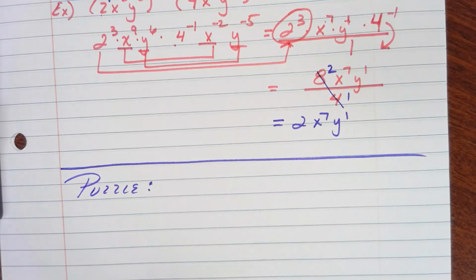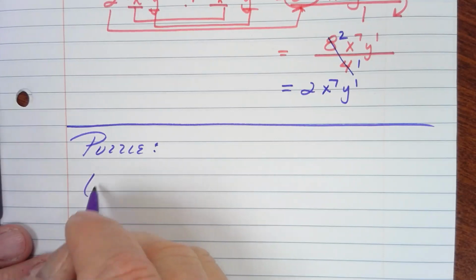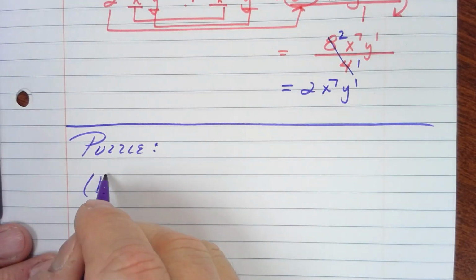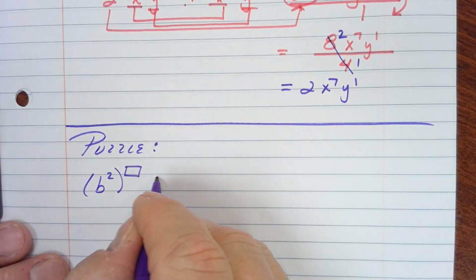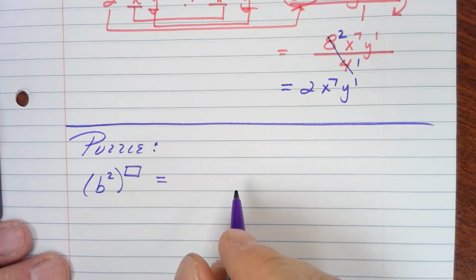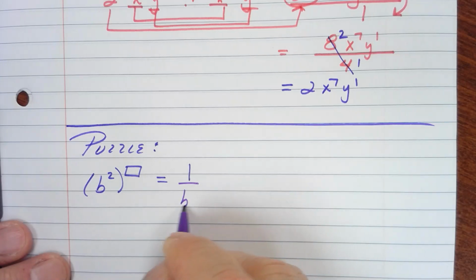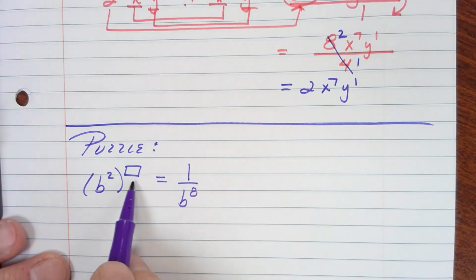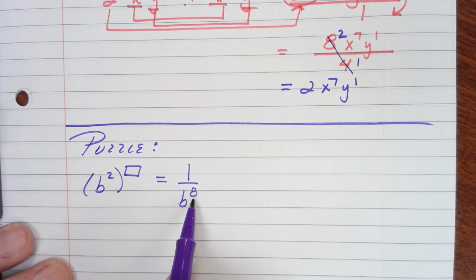Then addressing something they call, they do a little puzzle thing with you. They want you to tell them what exponent goes in here to get this answer.